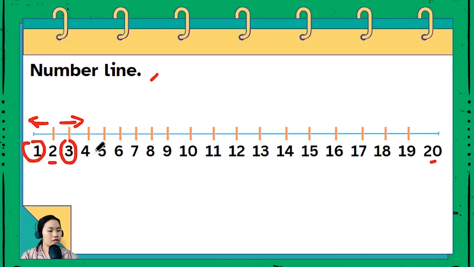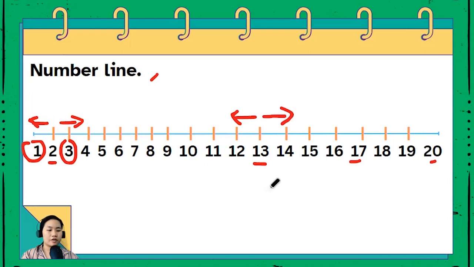I could demonstrate this with any numbers. Let's say I choose number 13, okay? Any numbers before 13 are less than 13. And any numbers after 13 are greater than 13. For example, 17 is after or before 13?